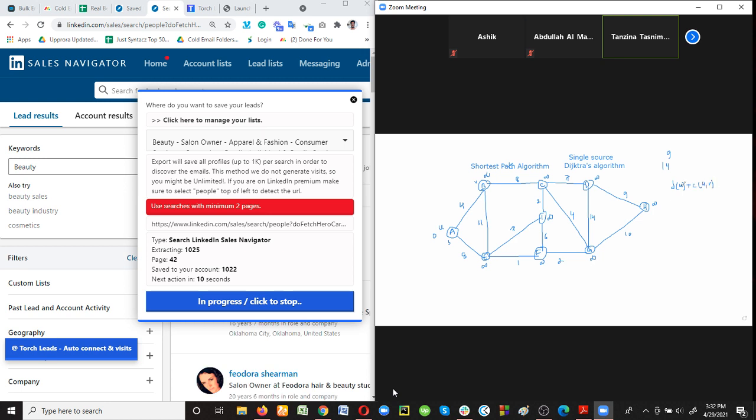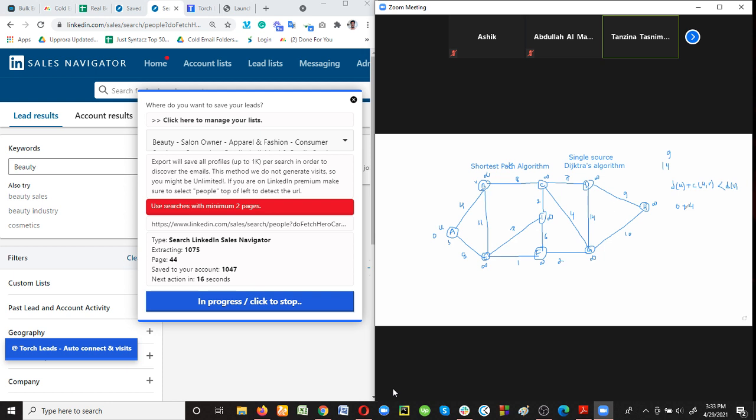So what is the distance of U now? The distance of U is 0, right? So 0 plus, what is the cost of U and V? The cost is 4. So 0 plus 4. And the equation is D of U plus C of U and V, if it is less than the distance of V. And here B is V, this is our destination node.